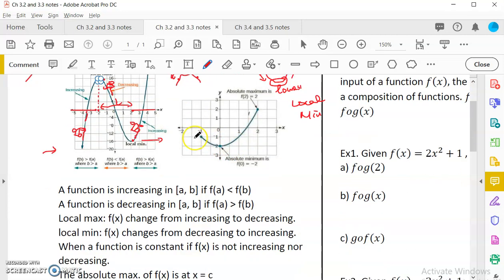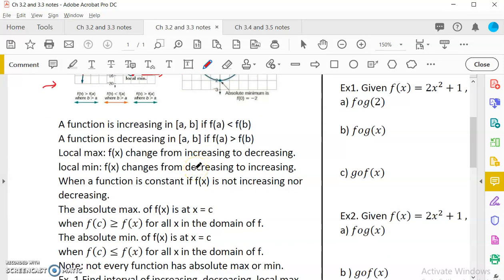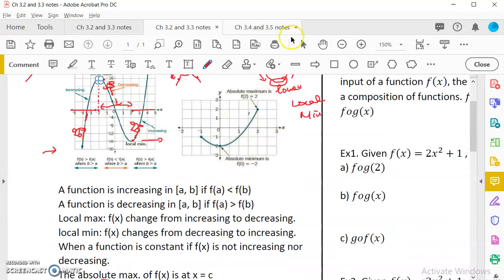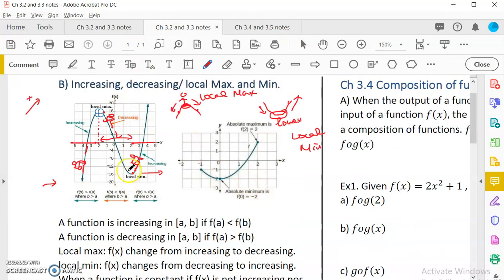Then there is one more term called absolute max and absolute min. Absolute max is the maximum over the whole graph. There are two types of graphs. This graph stops at the end, so we can actually tell where y would be, because it stopped.